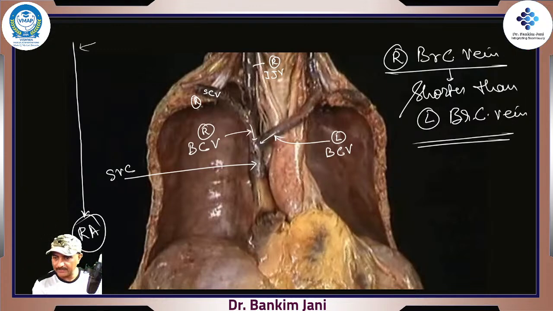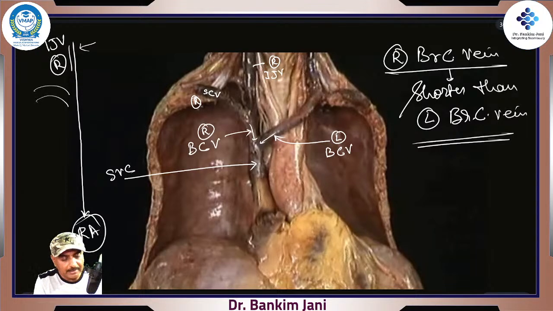If it were on side walls, there would be a change in the pressure. But over here, our right internal jugular vein is almost continuous, almost as if a straight tube which is landing.